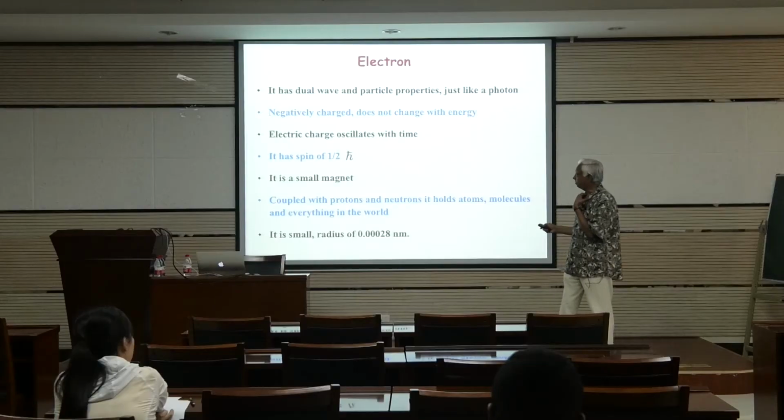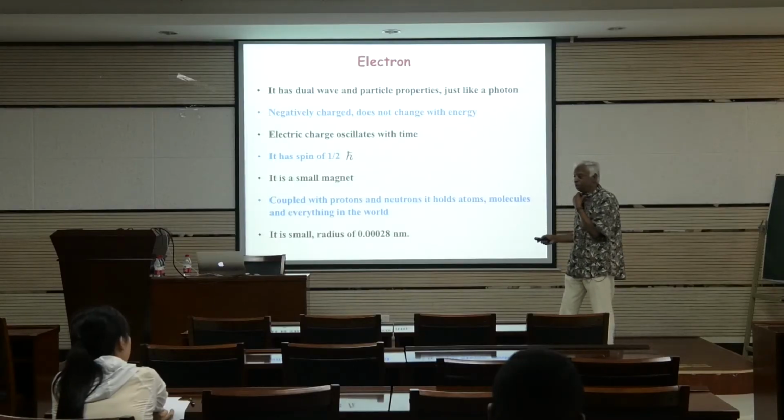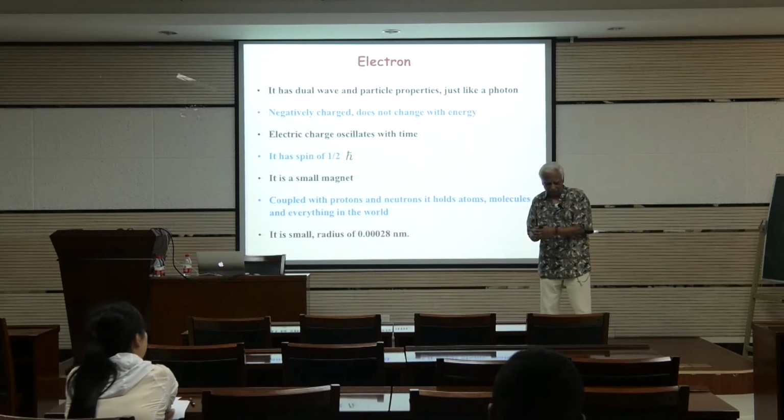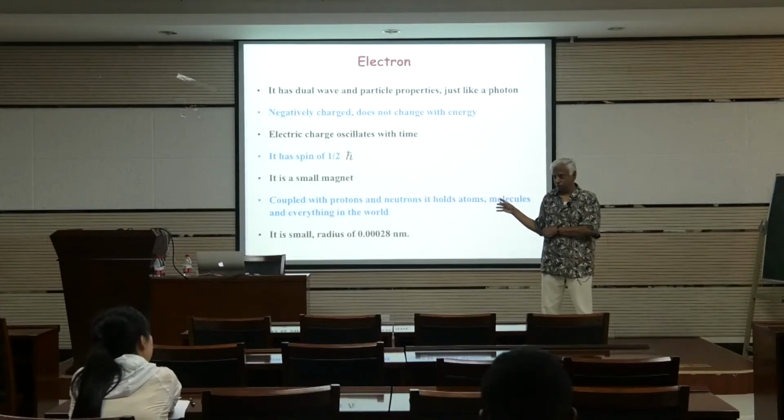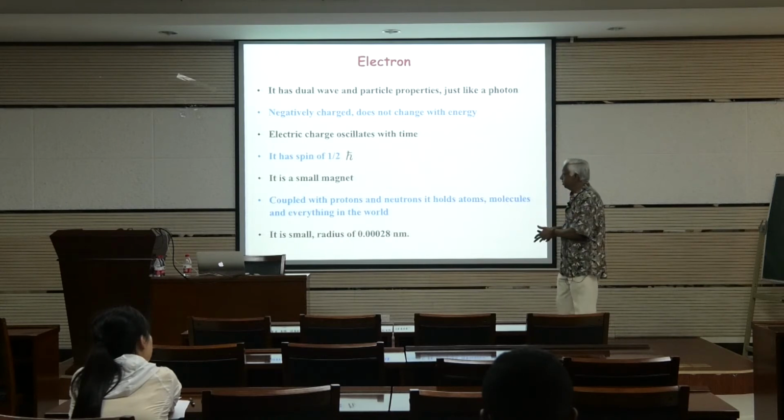Okay? And then the most important thing, which is not very obvious, electrons have spin. Okay? That is the most important thing that is going to be coming up in the photochemistry course. So electrons have a spin of half, in units of h bar.